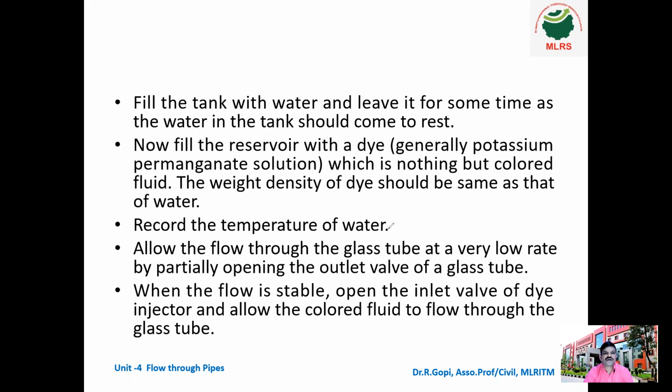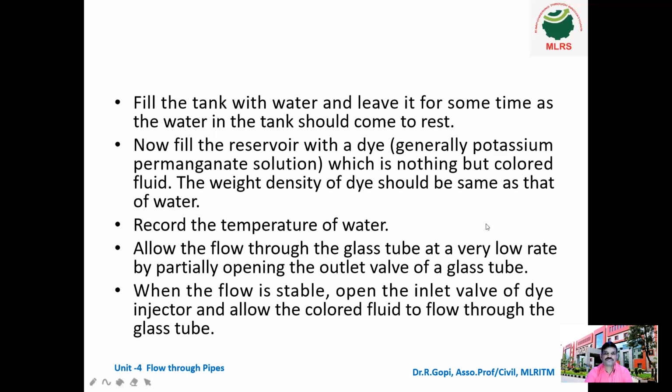Record the temperature of the water using a thermometer. Allow the flow through the glass tube at a very low rate, that means very low velocity initially, by partially opening the outlet valve of the glass tube. When the flow is stable, open the inlet valve of the dye injector and allow the colored fluid to flow through the glass tube.